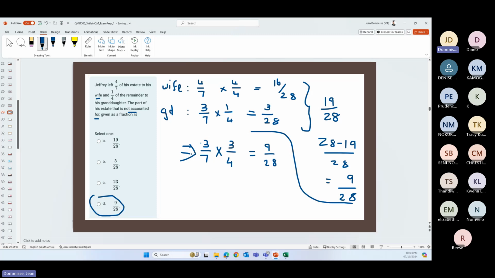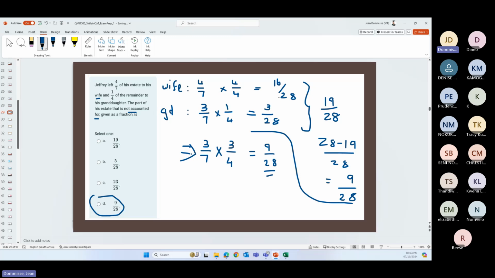If I take the 3/7 times 3/4, I get the 9/28. But we can also work out what proportion out of 28 the wife is getting and what proportion out of 28 the granddaughter is getting.